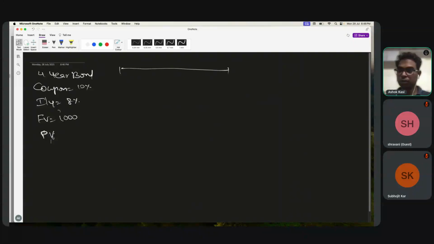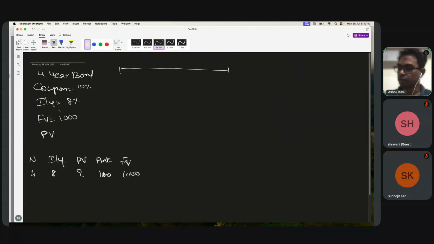Can you find out what is the present value? So N, IY, present value, payment, future value. N is 4. IY is 8. 100 is the payment.